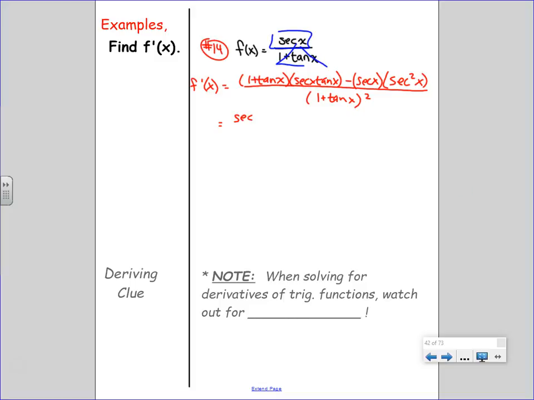It has to be tangent squared x. Oh, they all have secants.